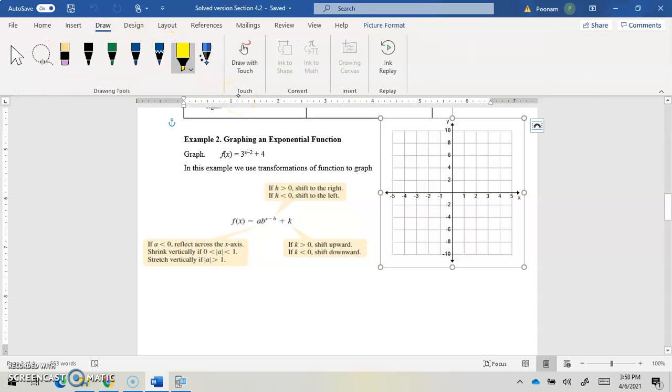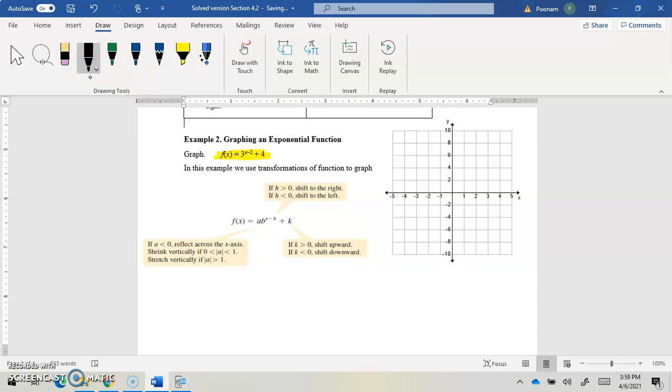Example number 2, we have a graphing an exponential function. In this example, we are supposed to use transformations. So if you notice, here we have 3 raised to power x is the basic family of the function. From there, we have 3 raised to power x minus 2. So what is happening really is x is changing to x minus 2.